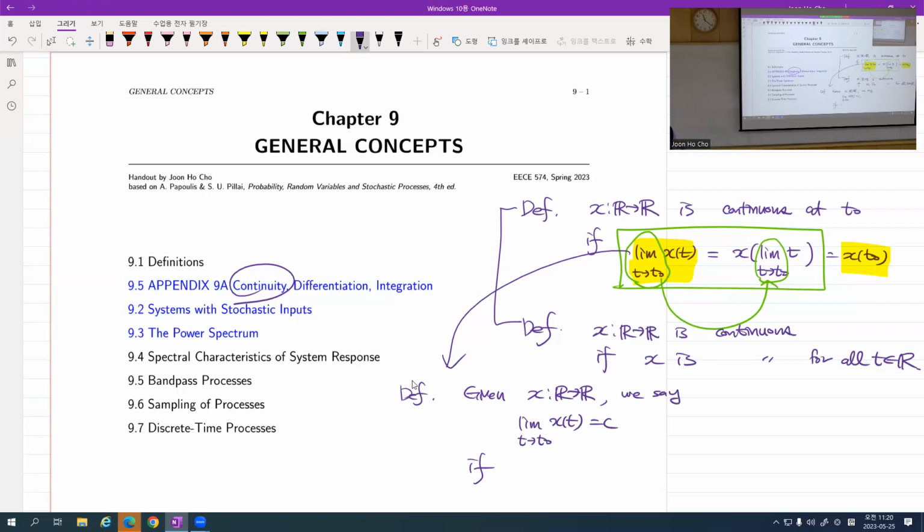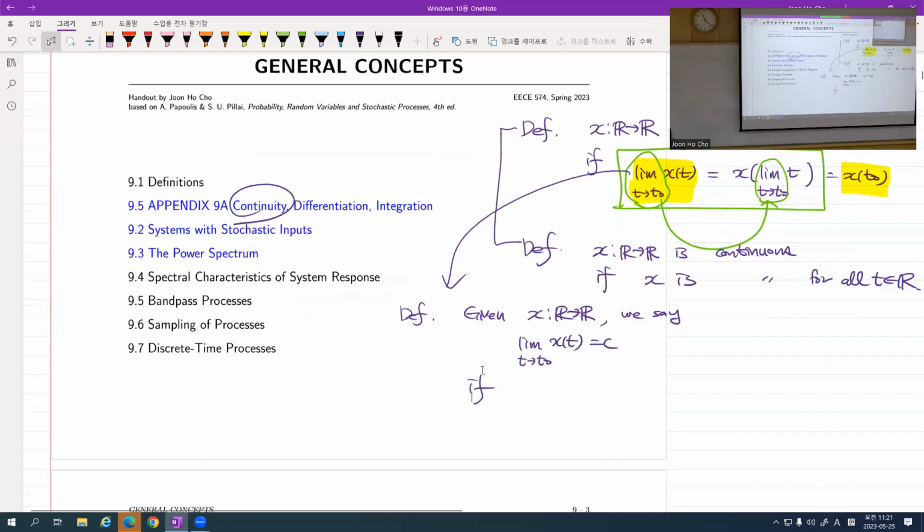So anybody? Yes, we must start with for every epsilon positive. Now, by the way, what do we want to do by this way? As an engineer, forget about limit. Always remember it as an approximation. What you do is that you want to approximate x of t by some value c for sufficiently close t to t0.